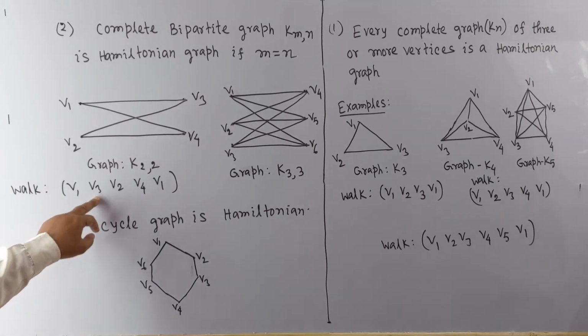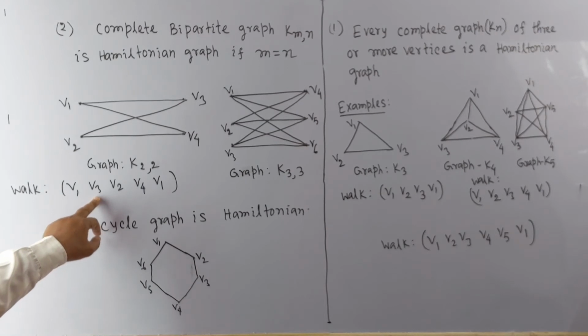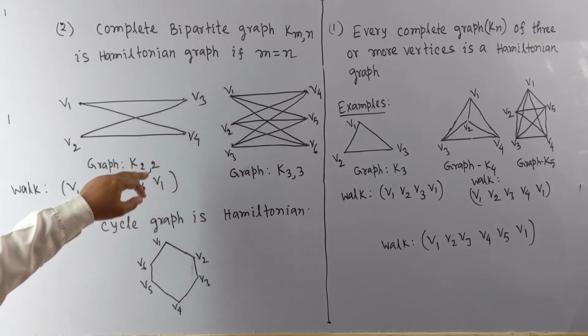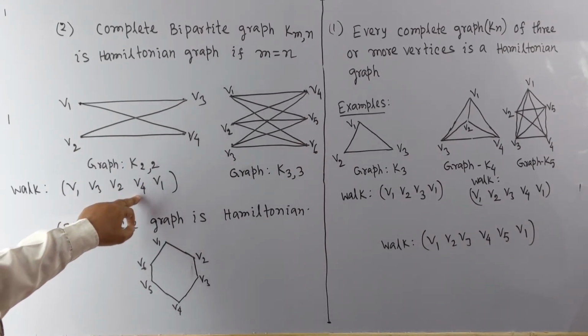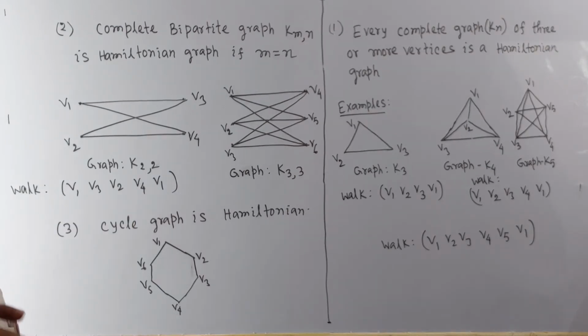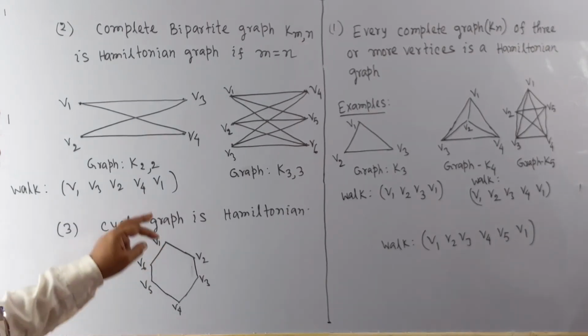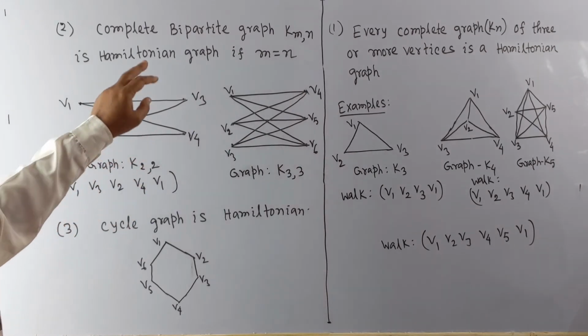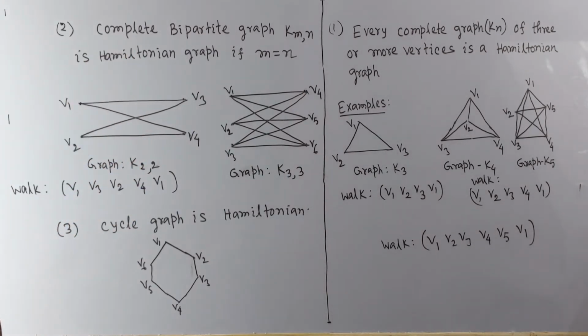This walk is a Hamiltonian circuit. Therefore, this graph contains a Hamiltonian circuit. Hence, complete bipartite graph K22 is a Hamiltonian graph.